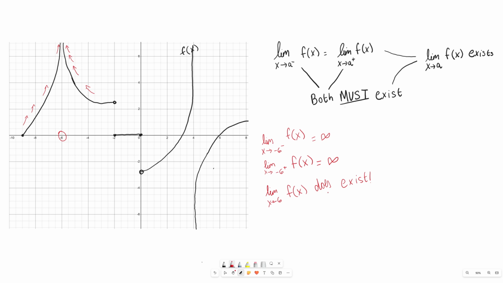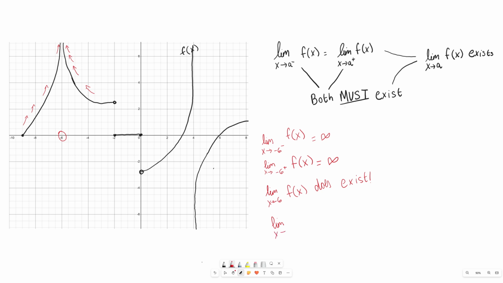Okay, now let's determine how to solve this. Well, there's nothing to determine. We already said since the left side is equal to the right side, we determined that the limit does exist.